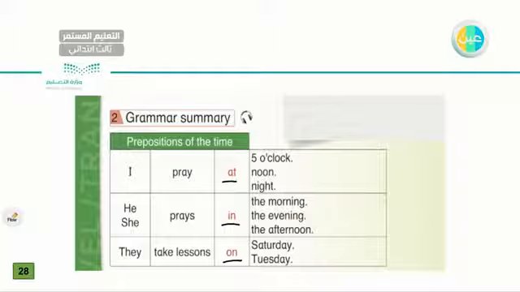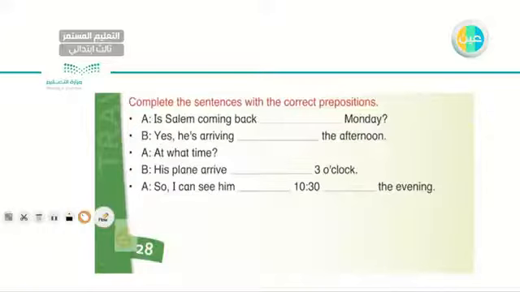He prays in the morning, in the evening, in the afternoon. They take lessons on Tuesday, Saturday, Friday, whatever, with the day. With the days I will be using on. Very good. So let's go and do the exercises I have here.